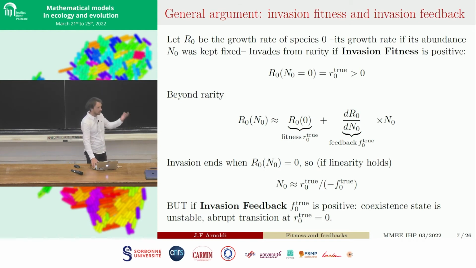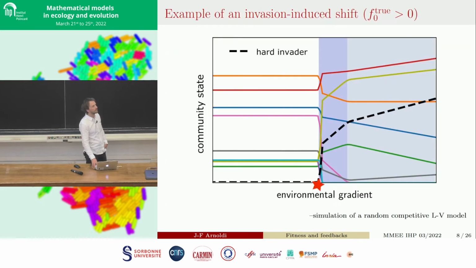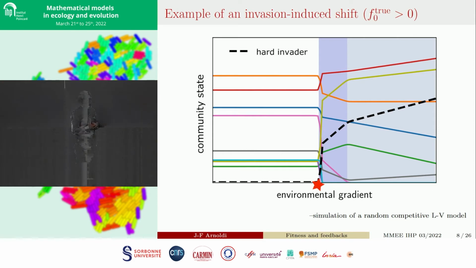And so that means there will be some transition whenever the growth rate crosses the 0 threshold, the invasion threshold. Here's an example from a simulation. On the left, you have the community, and what I'm varying on the x-axis is some environmental condition that is favoring this invader and not really affecting the other species.